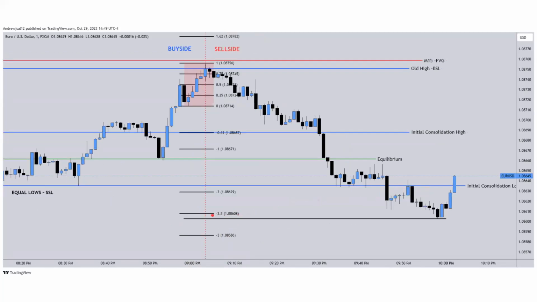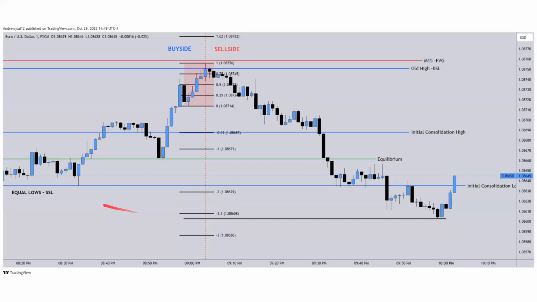As you can see, we hit just below 2.5 of the standard deviations, in between 2 and 3 standard deviations, in the form of 1, 2, 3 drives lower here, before we start coming back up into this range.